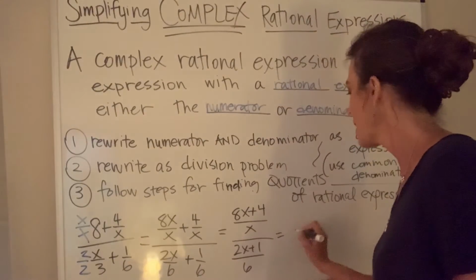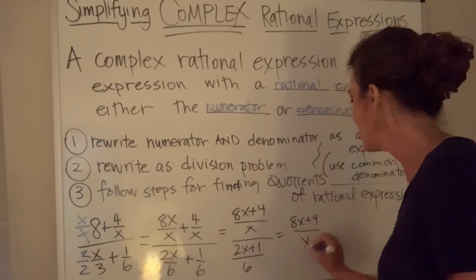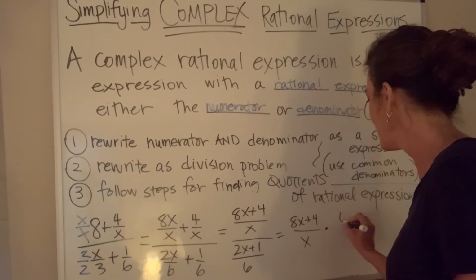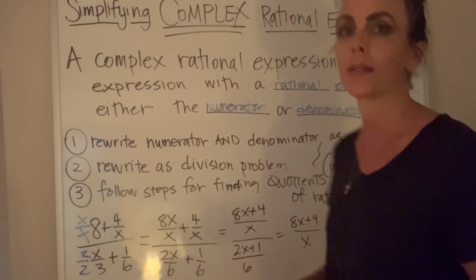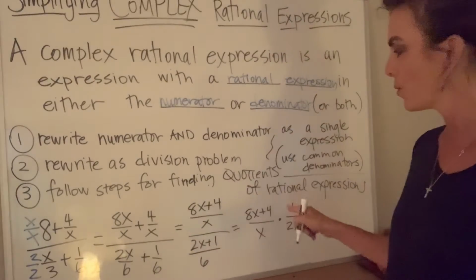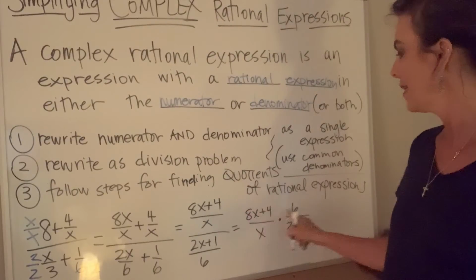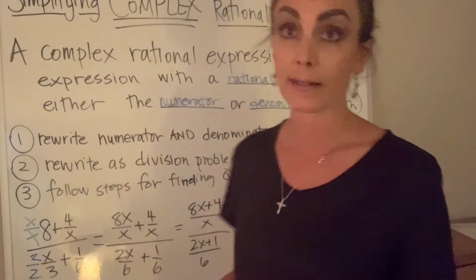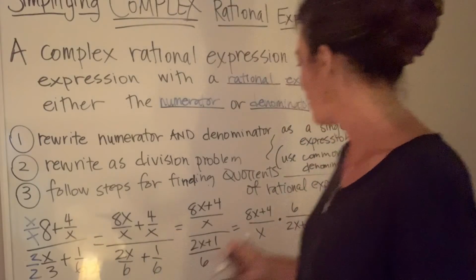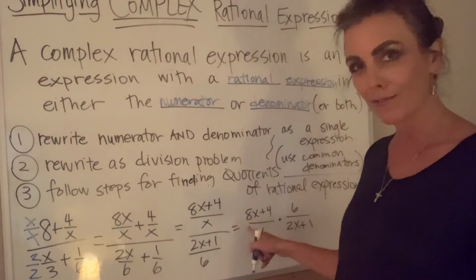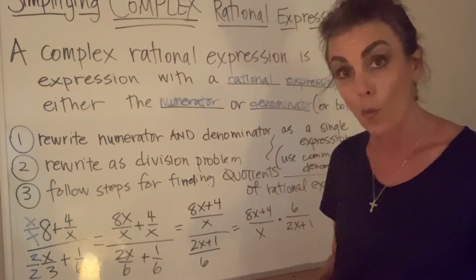All right, so this is the same as 8x plus 4 over x multiplied by 6 over 2x plus 1. Remember that when we do a division problem like this, I want to take any numerator, any denominator actually, and factor them, okay? So this one is the only one that actually factors because it has a common factor of 4.